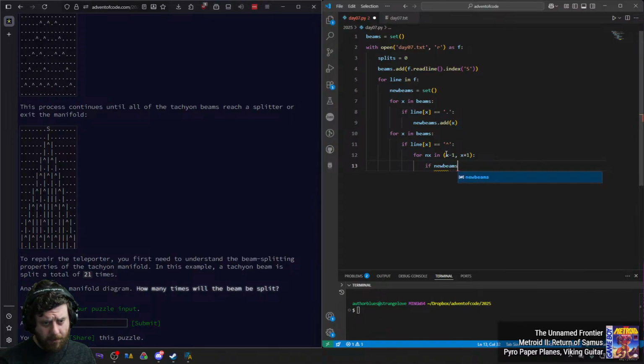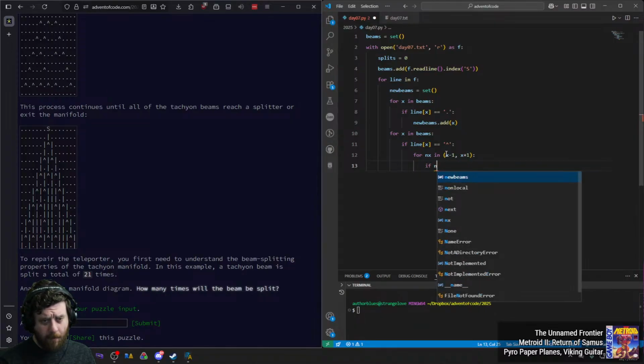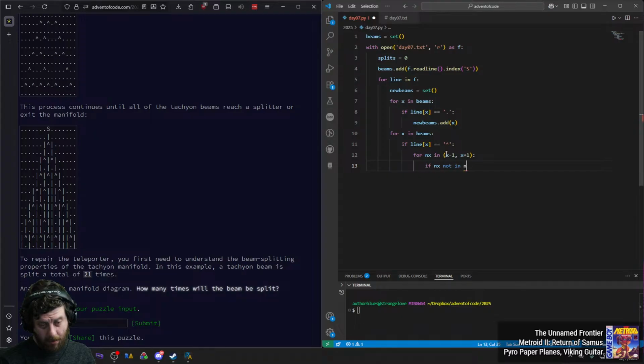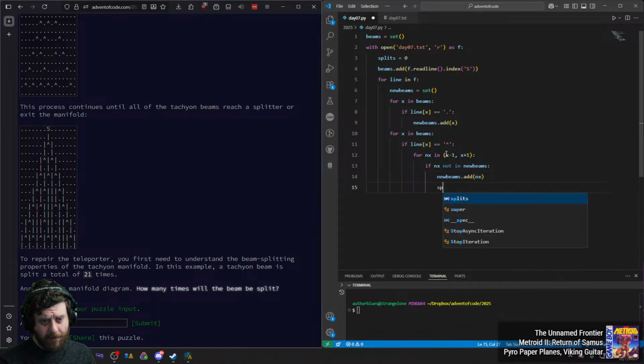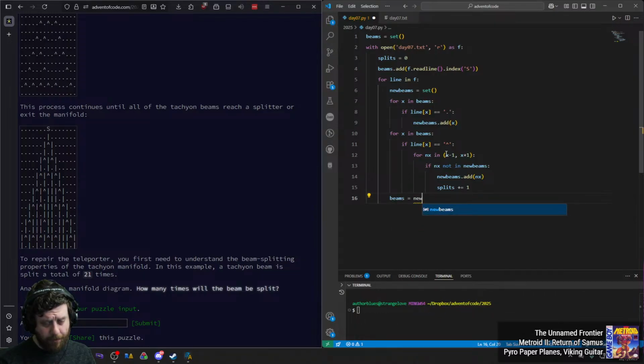If nx not in new beams, then new beams add nx, and splits add 1. And then the very last thing is beams equals new beams.